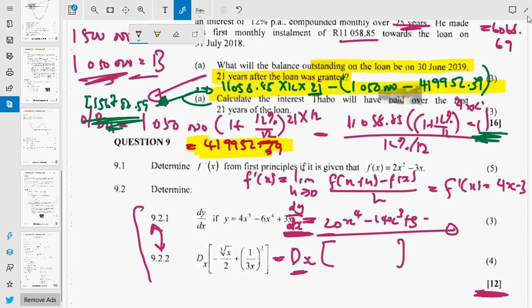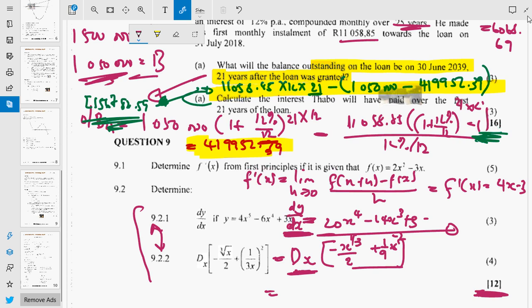So you must keep dy over dx as we are simplifying, okay? So minus x to the power 1 over 3 over 2 plus 1 over 9 x to the minus 2. Now when you find the derivative, you're going to drop the dx and you're going to say equal to.